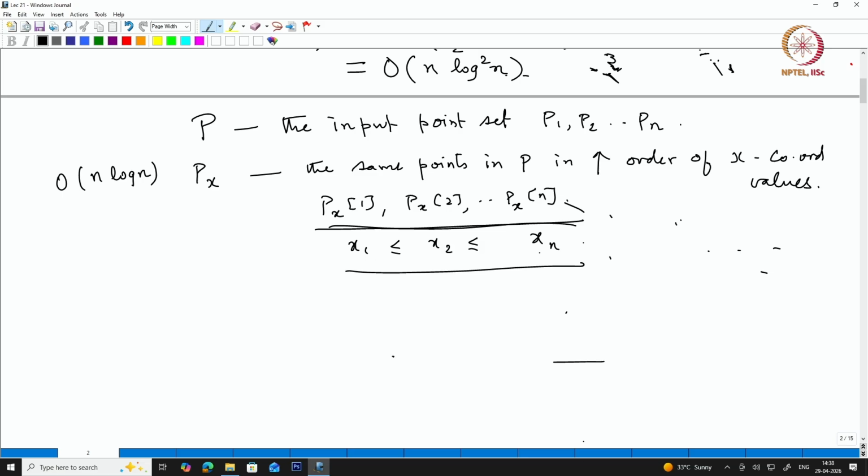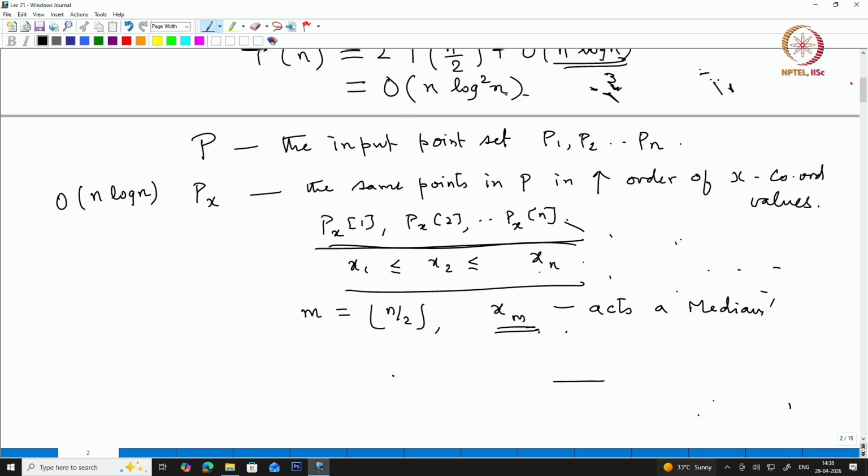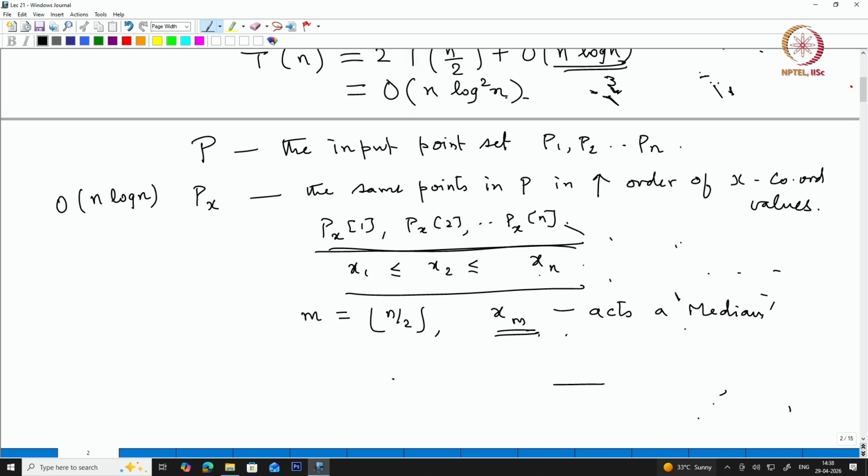The reason why we do this Px is, if you consider m equal to floor of n by 2 and consider xm, this acts as the median which we have used earlier.